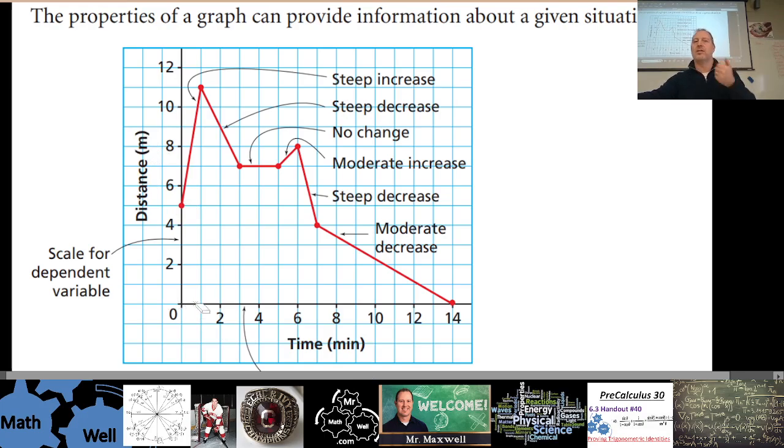So when we started timing, the person or the object was 5 meters away from some reference point. Now, in 1 minute, this object started at 5 meters and went to 11 meters. So it changed 6 meters in 1 minute.